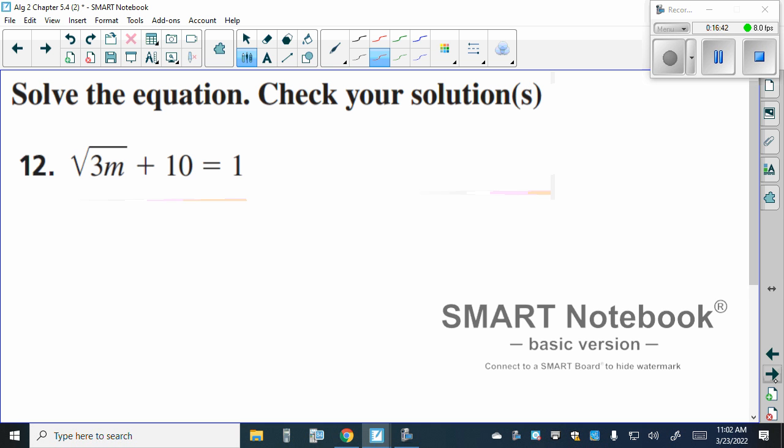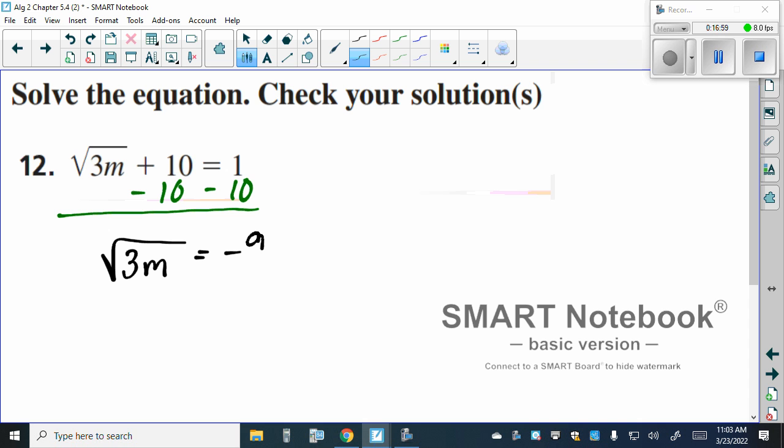Let's try this one. So what do we do first? Subtract 10. It tells us that the square root of what can we do next? We can, yes? But can a radical equal a negative? So is this going to have a solution?